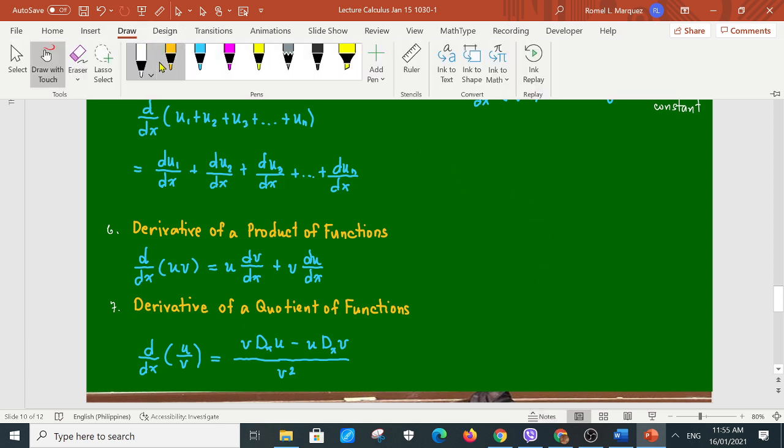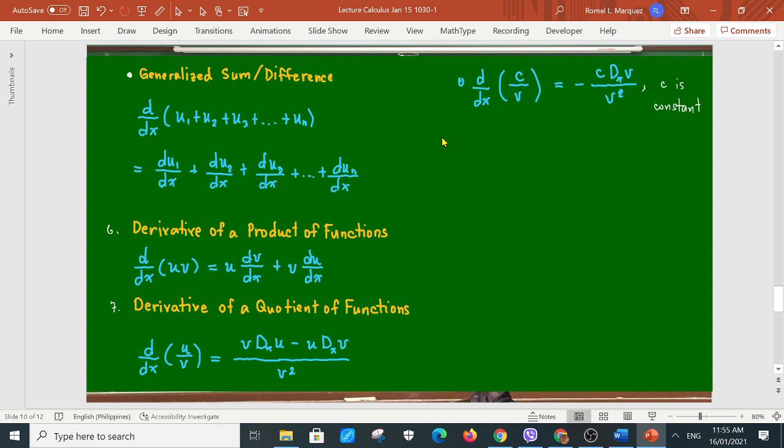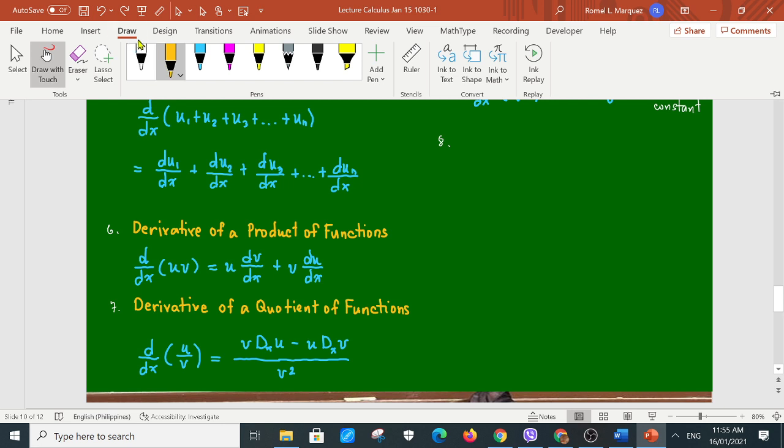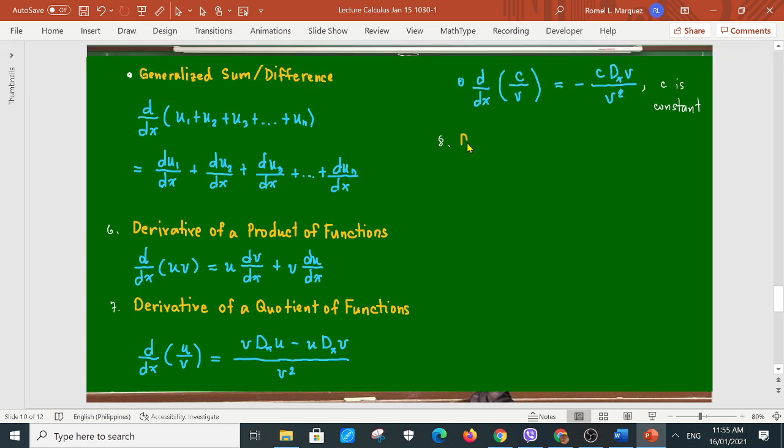Okay? And then, we have the last one, the general power formula for differentiation. Derivative of a general power. Before we have a simple power.